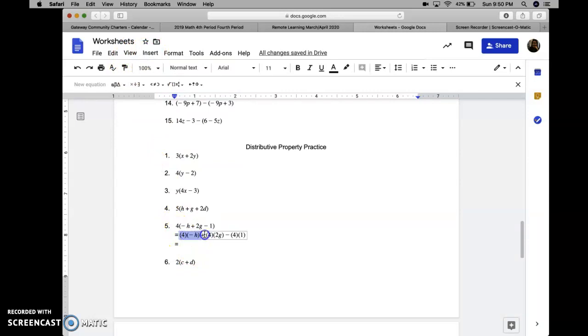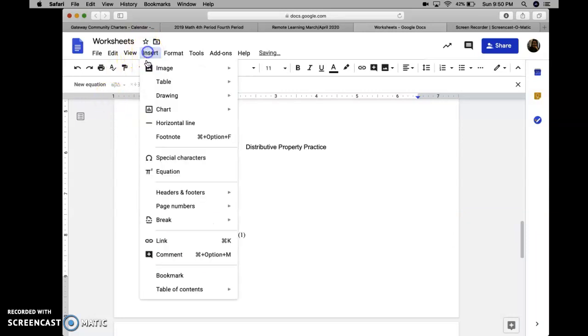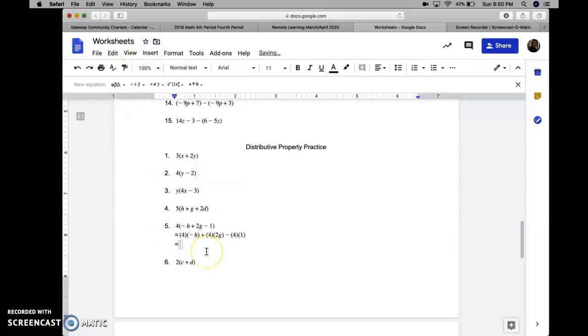And now I just simplify. I can't leave it like this. I need to simplify. 4 times negative h is negative 4h. 4 times 2g is 8g. And 4 times 1 is 4. There's my answer.